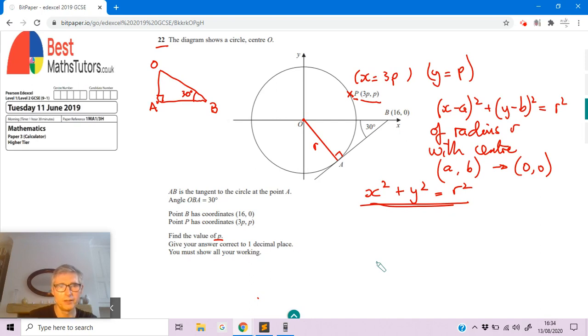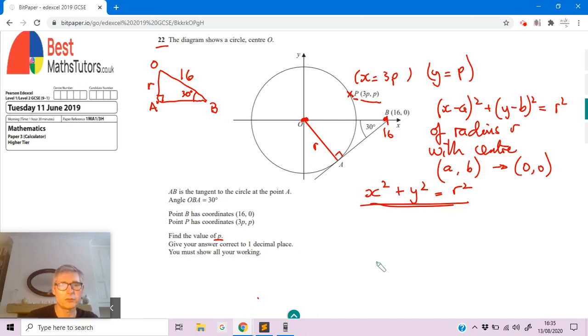We know that the hypotenuse of it, this distance from O to B, is actually 16, because the x coordinate is 16, so we've got a line going from 0 to the point of x equals 16, and the length is 16. So this length here is 16, and what we're looking for is this radius r.